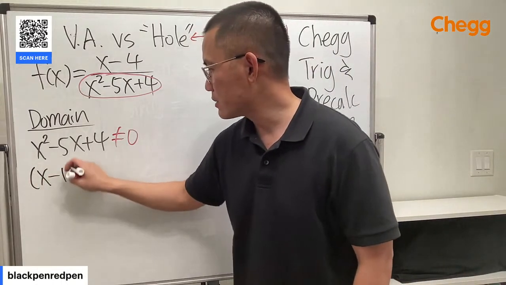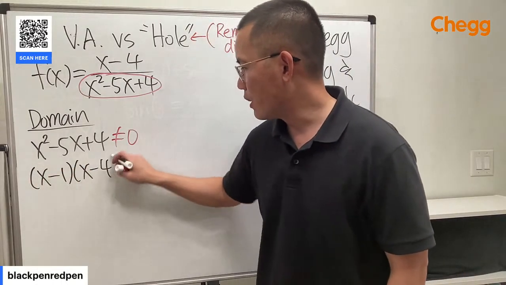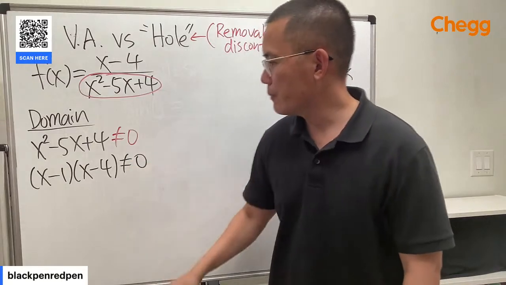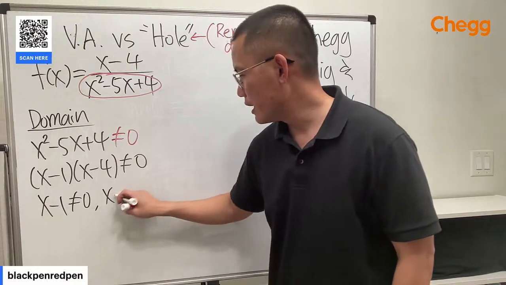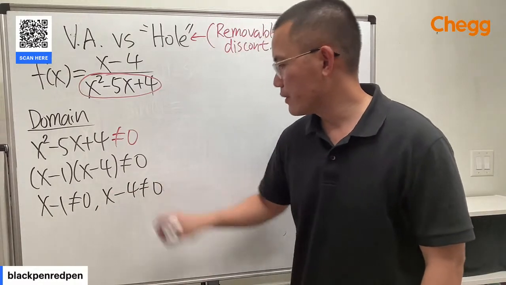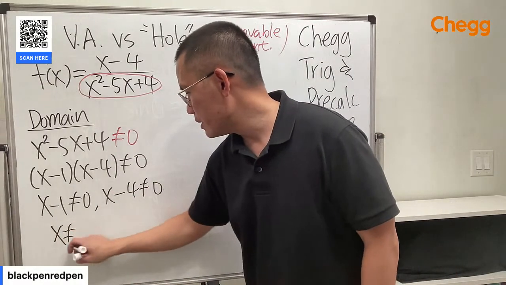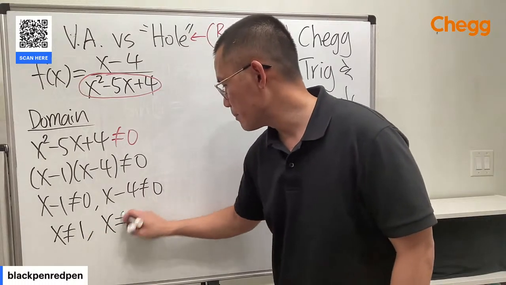And then just go ahead and solve it. Factor it: x minus 1, x minus 4 not equal to 0. From here, x minus 1 is not equal to 0, and x minus 4 cannot be equal to 0. So x cannot be 1, x cannot be 4.